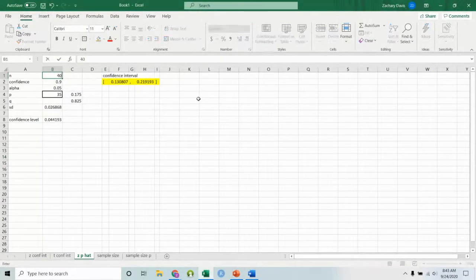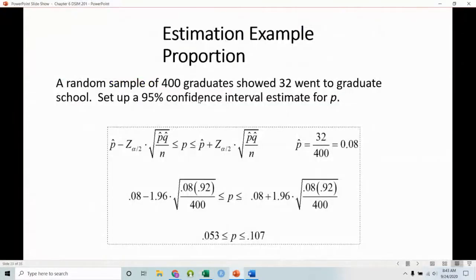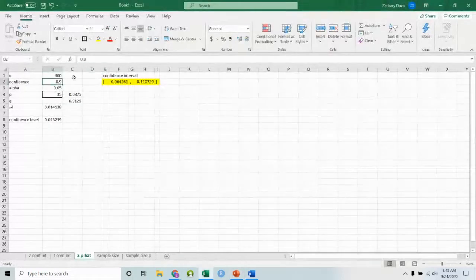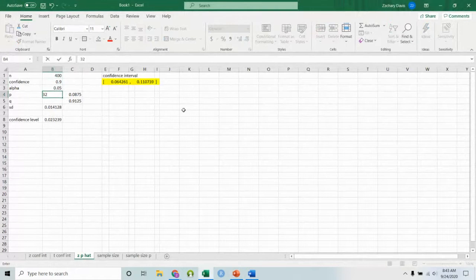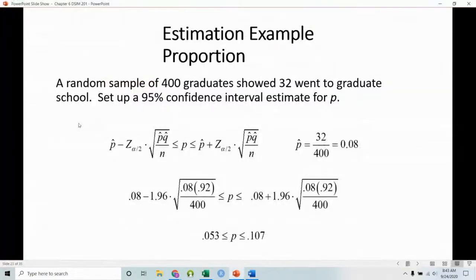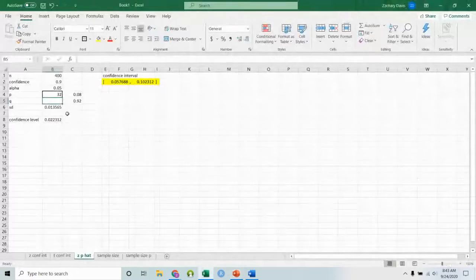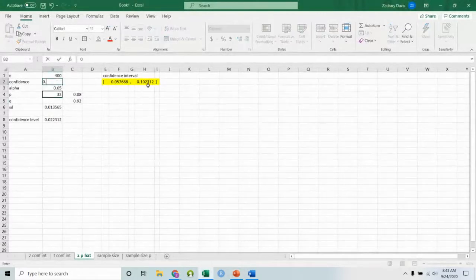We have a sample size of 400. We have 32 of those 400, and we are interested in a 95% confidence interval.